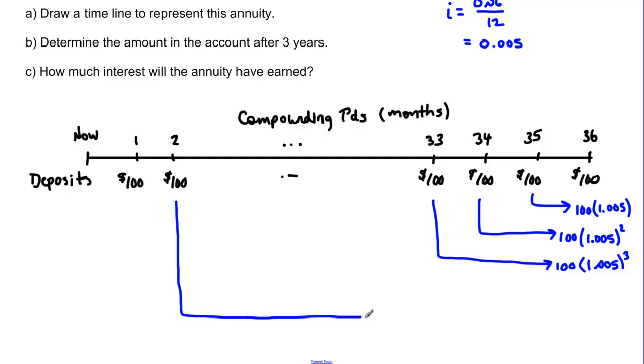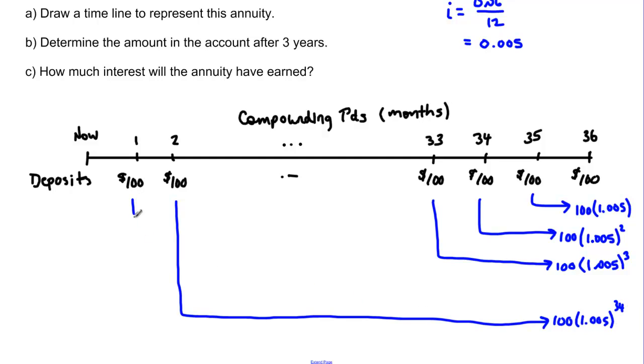The second last one will come all the way forward here, and it will earn interest for 34 different compounding periods. So this is going to be worth 100 times 1.005 to the exponent 34.